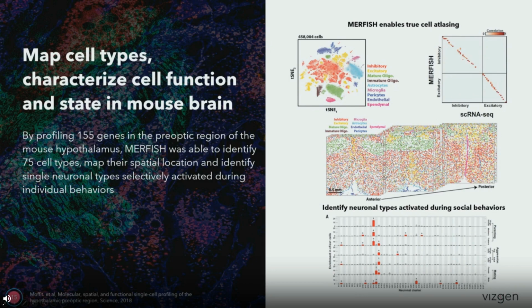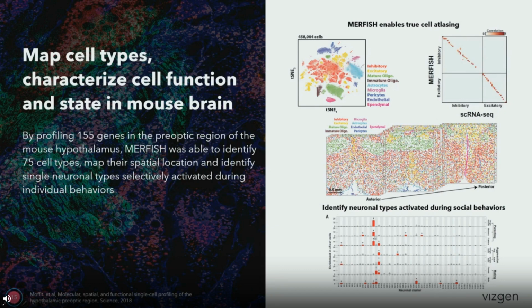now. And furthermore, by including genes that can report neuronal activity, in this specific case a gene called c-Fos, the authors were able to selectively identify neuronal types that are activated during individual social behaviors, such as parenting behaviors or mating behaviors.